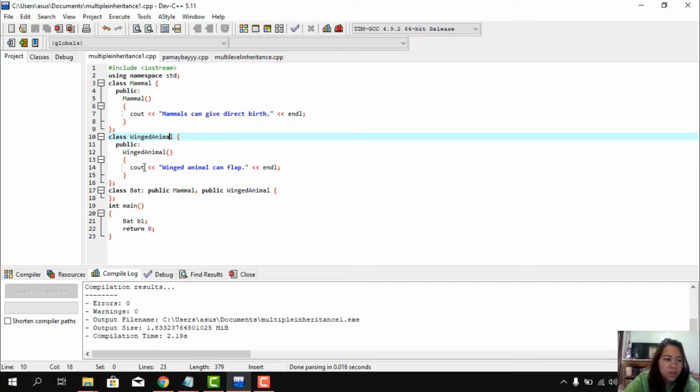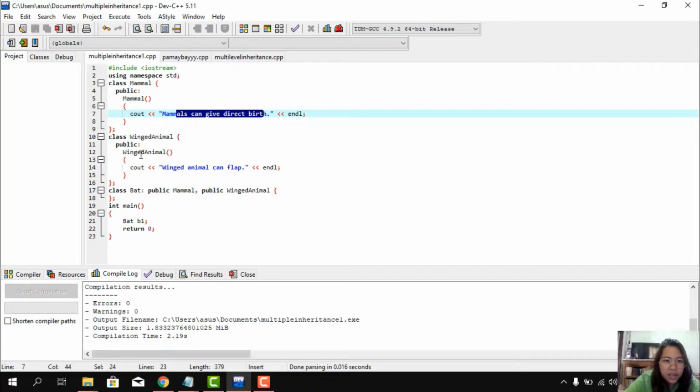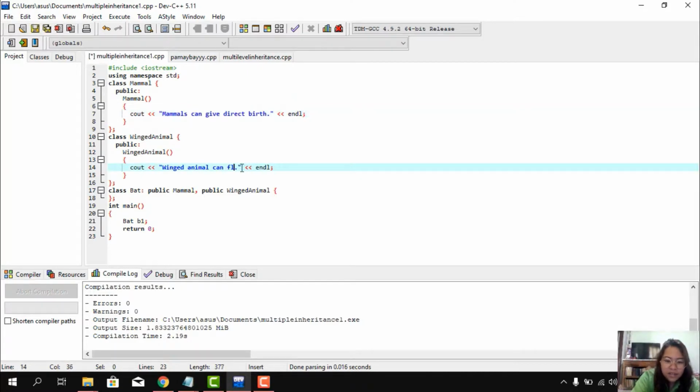For example, class bat is derived from base classes mammal and wing animal, because bat is a mammal that can give direct birth and a wing animal that can fly.